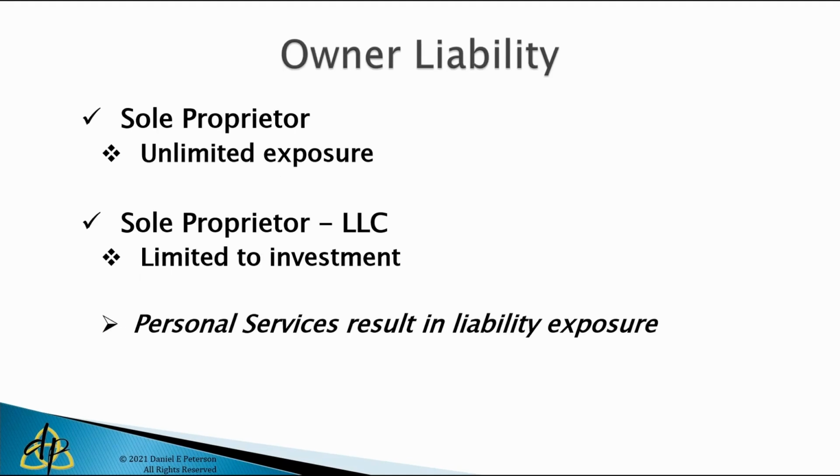Let's talk about the other consideration called owner liability. One of the concepts that exist is if we are in one of these entity structures, we limit our liability exposure. So let's talk a little bit in concept about liability exposure.